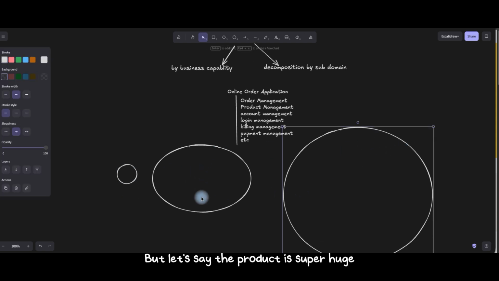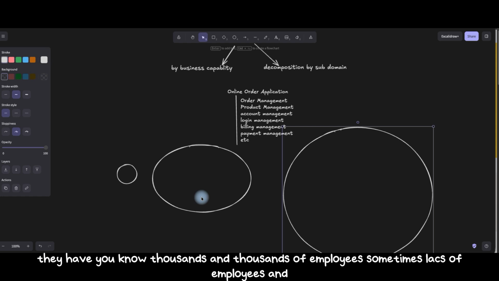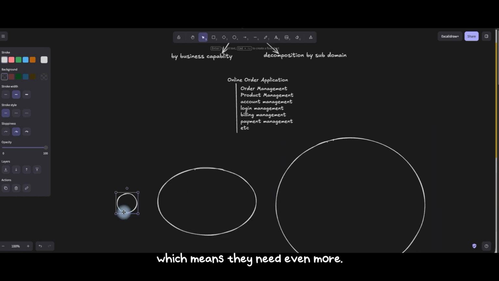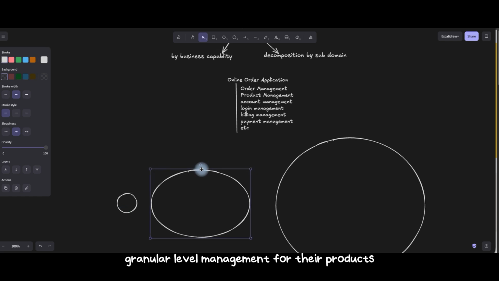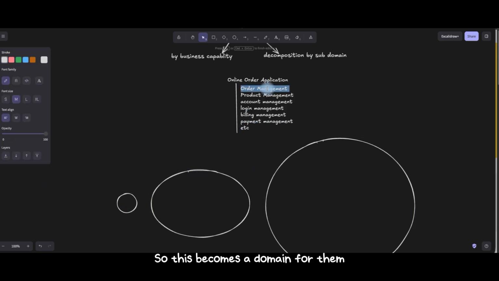But let's say the product is super huge. You are working in a bank, and the bank has a tremendous amount of things going on in parallel. They have thousands and thousands of employees, sometimes lakhs of employees, which means they have tremendously divided domains. They have a divided business, so they need even more granular management for their products. So this becomes a domain for them.